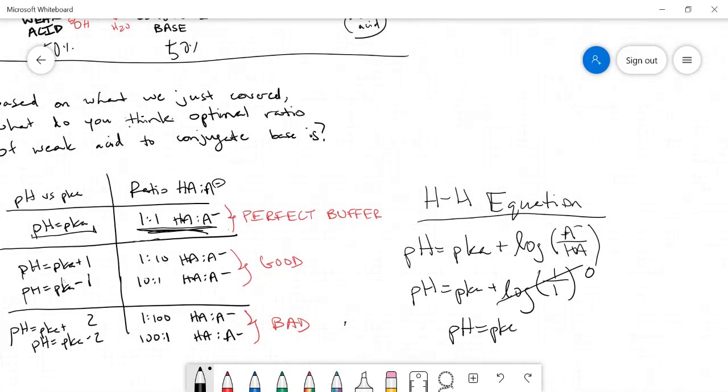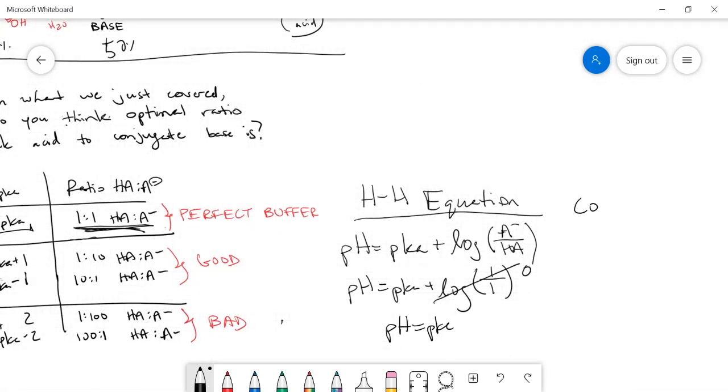So if I gave you a carboxyl group and I told you, when will I have a 50-50 mix between the carboxyl group and its conjugate base, so this is another way of saying HA versus A minus again. So when will I have a 50-50 mix, or a 1-to-1 mix, of these two?